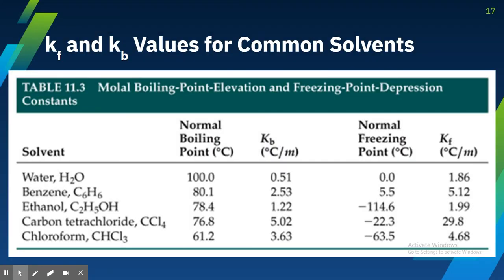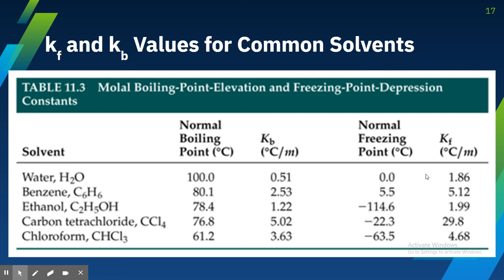Here's just a table of some common constants for freezing point depression and boiling point elevation. You can see on the first one that water has a normal boiling point of 100. The boiling point elevation constant, like I said, is 0.51 degrees for every 1 mole of salt that you would dissolve.